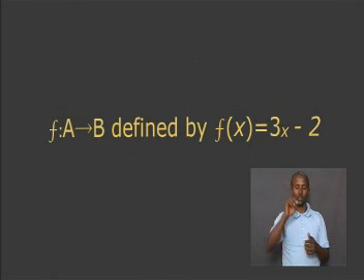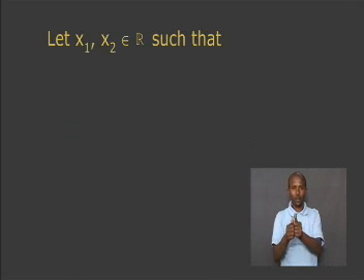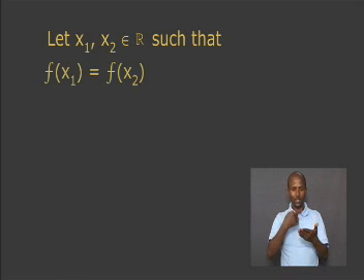The function f from A to B given by f of x equals 3x minus 2 is a one-to-one correspondence. Let us prove this together. Let x1, x2 be elements of the set of real numbers such that f of x1 equals f of x2.